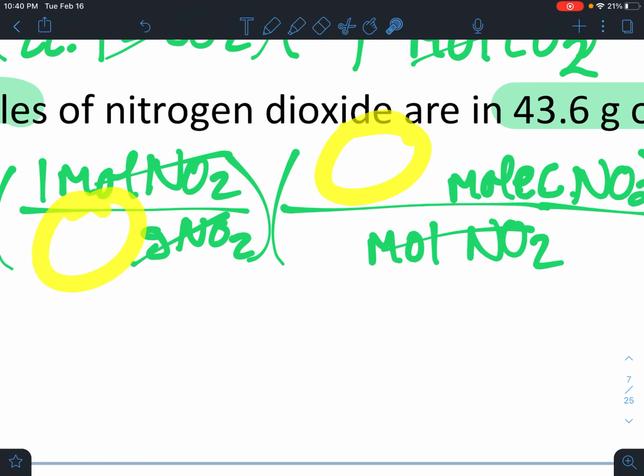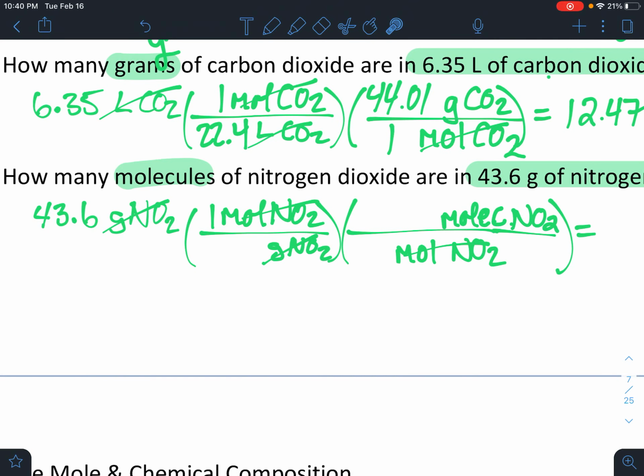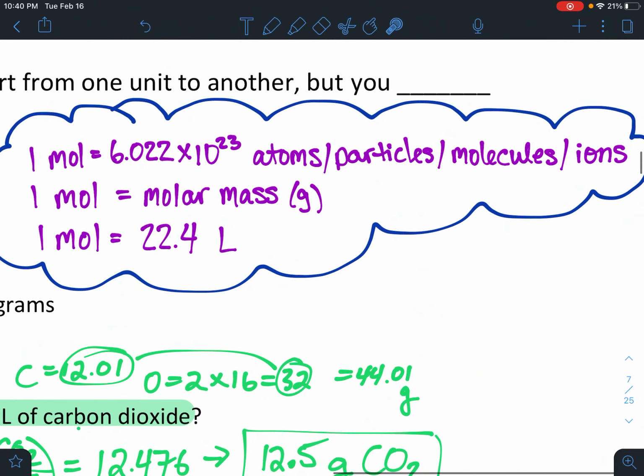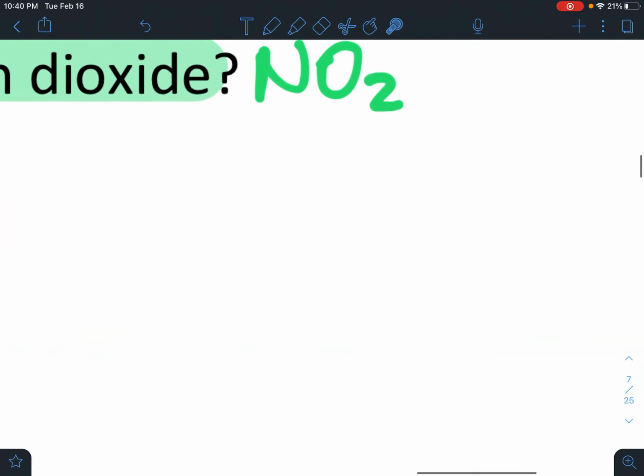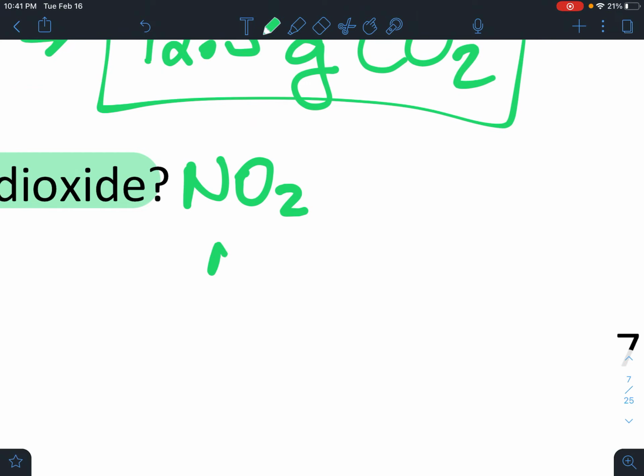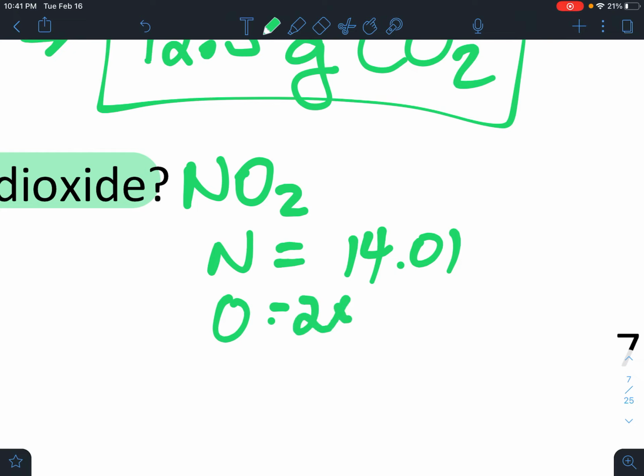But the thing is that we have to fill in our other numbers. So let's take a look here. So we have grams written down. And so remember, we get our molar mass by adding up the mass of all the elements in a compound. So here we have 1 nitrogen. Nitrogen's mass is 14.01. And we have 2 oxygens.